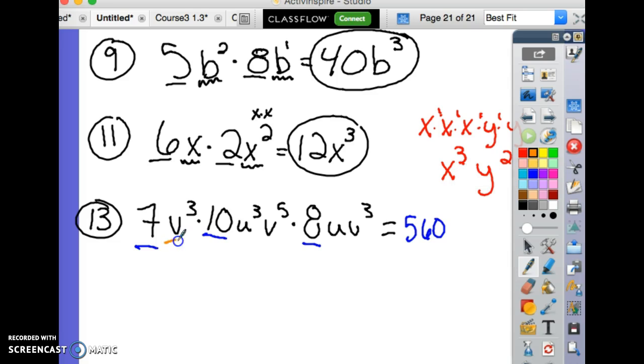Now let's look at v's. So this is v here, there's v, and there's a v. So I have 3 here, 5 here, and 3 here. 3 plus 5 is 8, plus 3 is v to the 11. And then I have u's, so I have this u and this u. Well, here's 3 and 1. 3 plus 1 is 4.